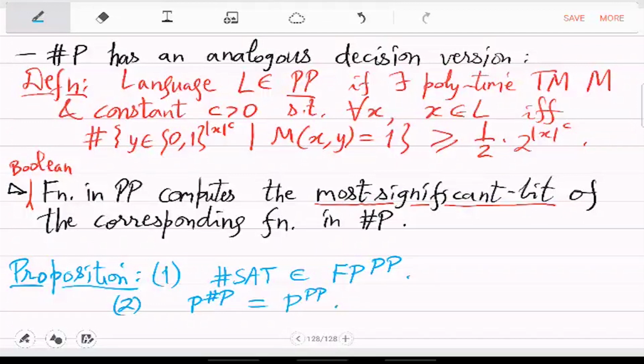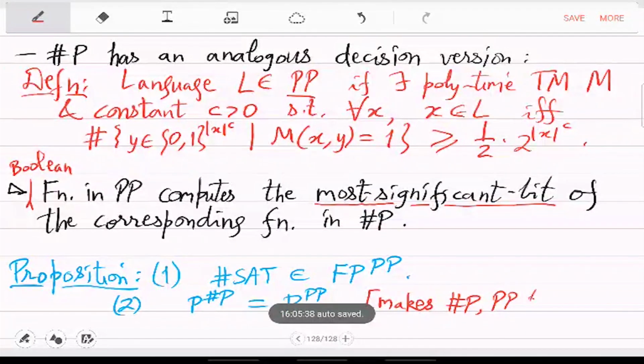Okay, so in that sense, PP and #P are kind of equivalent. There is a kind of equivalence in computing the most significant bit and the whole string of the count.